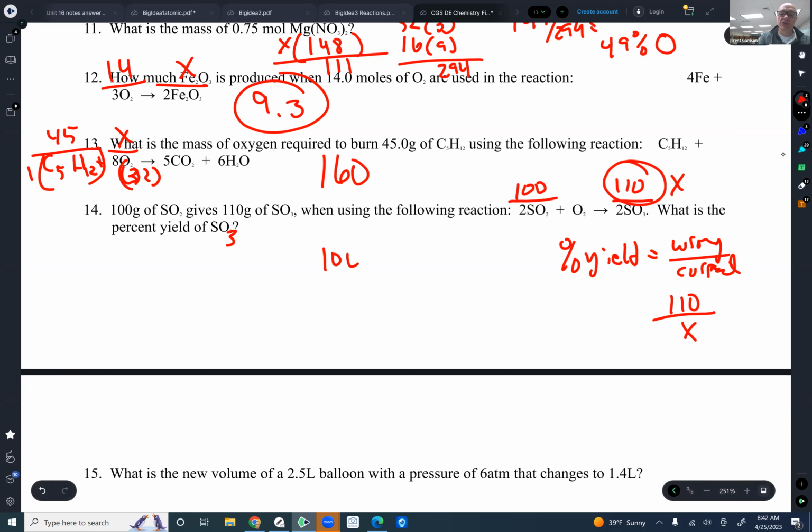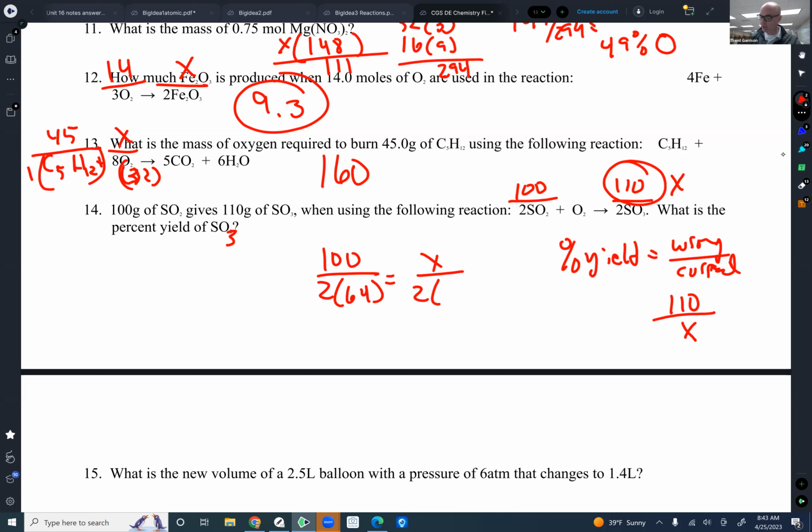So I'll have 100 over 2 times 64 is equal to X over 2 times 48 plus 32 is 80. So I've got 100 times 160 divided by 2 divided by 64. I should have made 125. So 125 goes underneath here, 110 divided by 125. And my percentage is 88%.